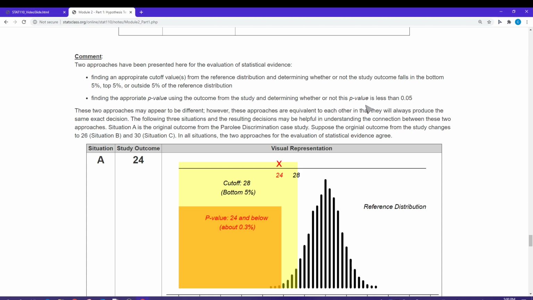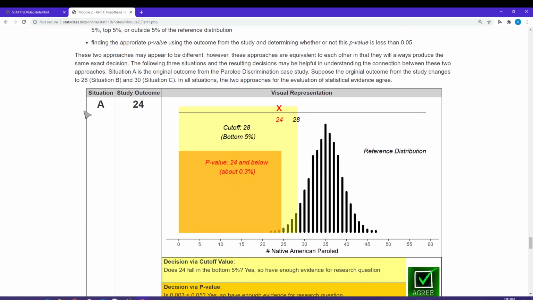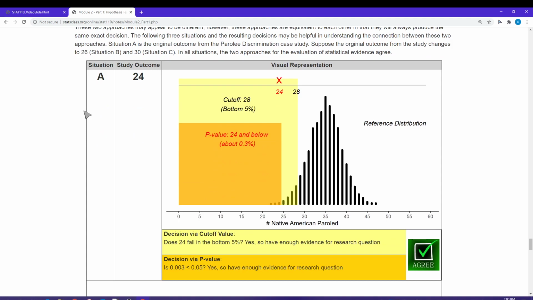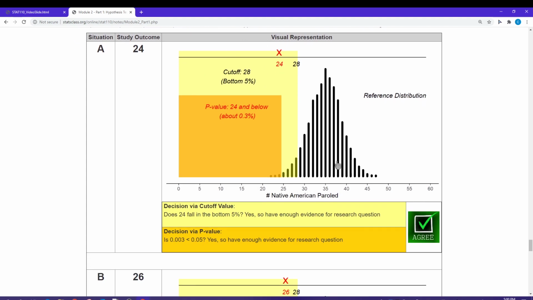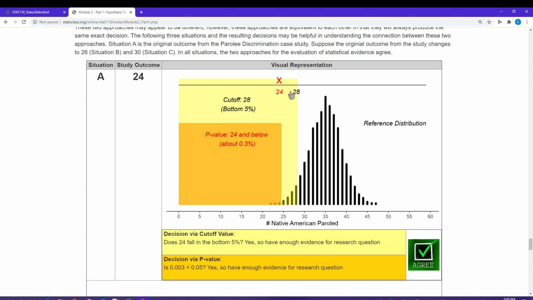Okay, we're just about done. This is a long video, but we're just about done there. So the outlier rule and the p-value rule are going to give me exactly the same value. So here, let's look at the Native American paroled. The study outcome was 24. 24 sat in the bottom 5%.